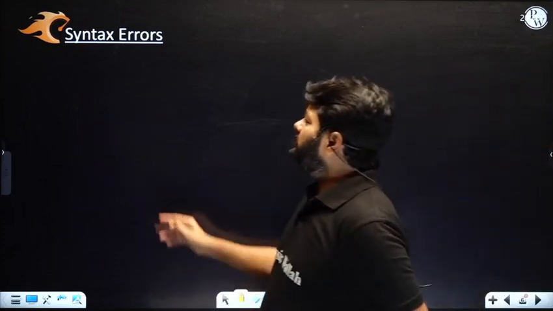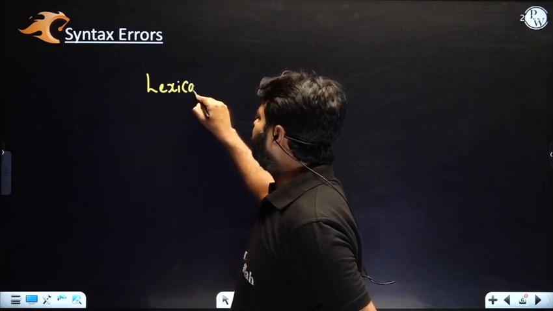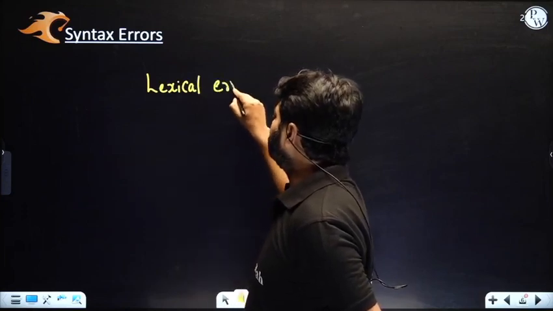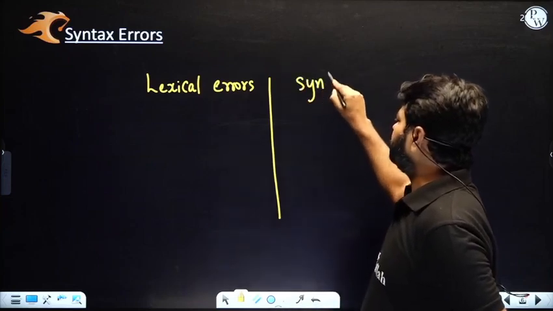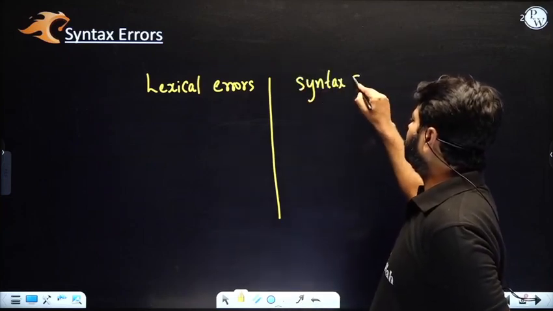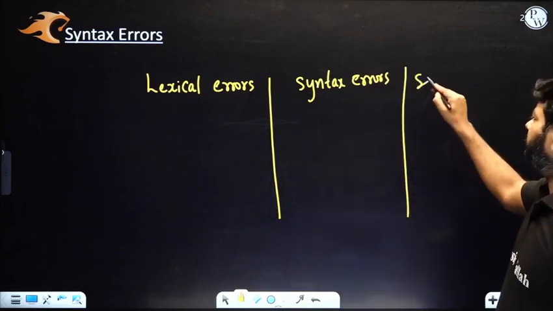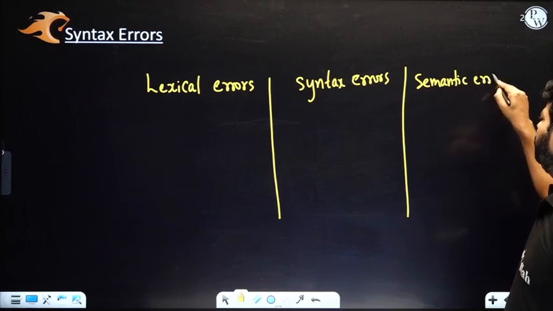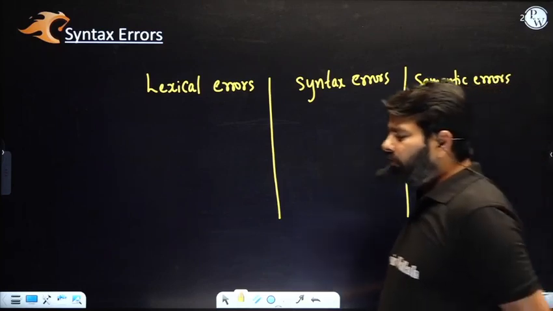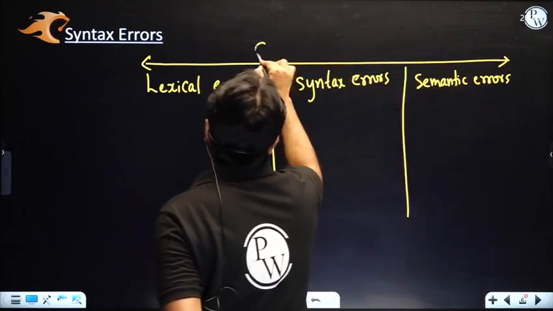As I told, there are three main types of errors: lexical errors, syntax errors, and then semantic errors. Mainly, from here to here, we simply call them compilation errors.